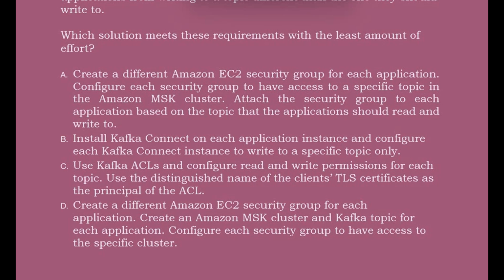Use the distinguished name of the client's TLS certificates as the principal of the ACL. Option D, create a different Amazon EC2 security group for each application. Create an Amazon MSK cluster and Kafka topic for each application. Configure each security group to have access to the specific cluster.